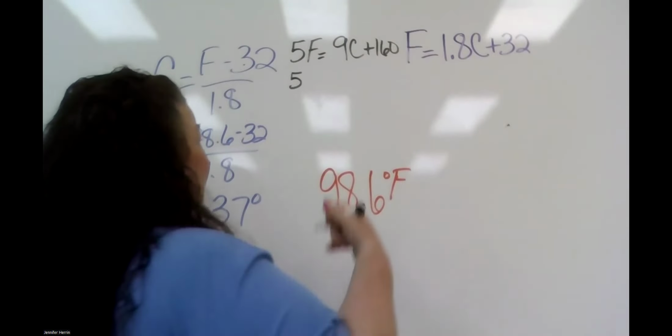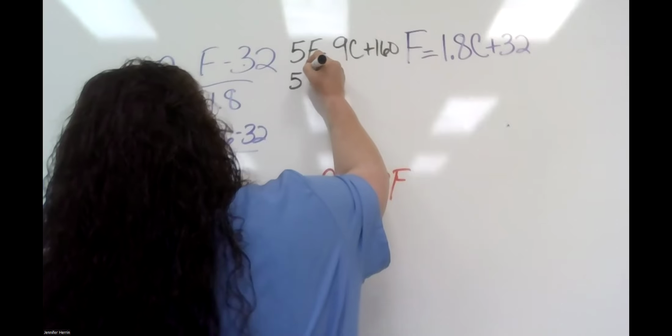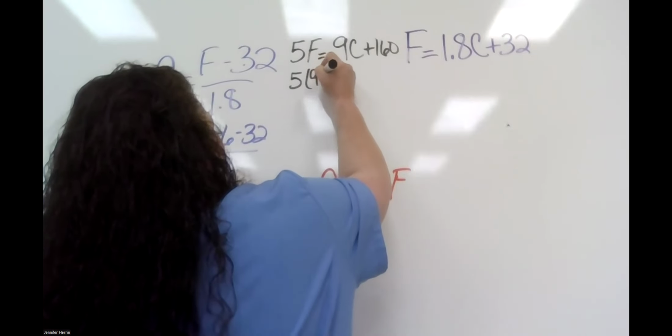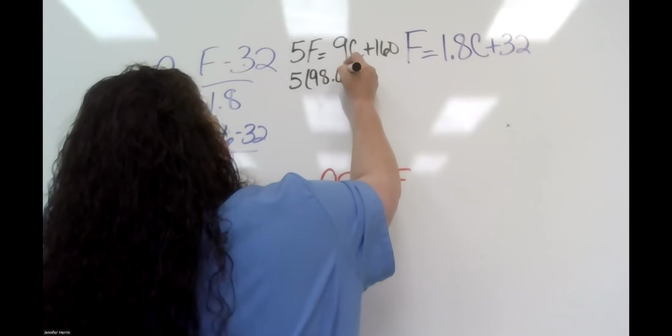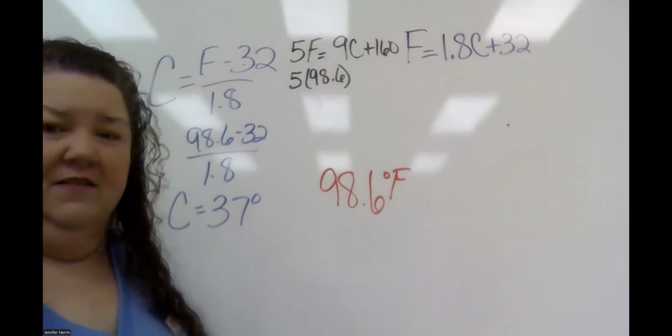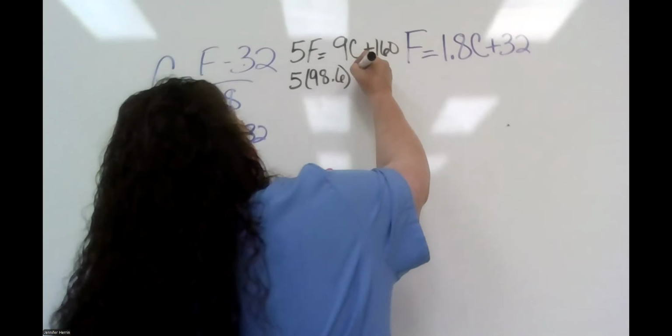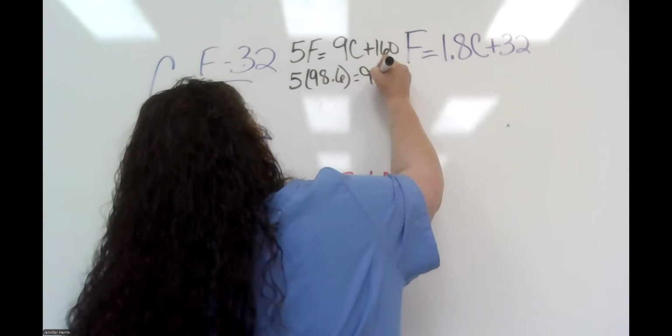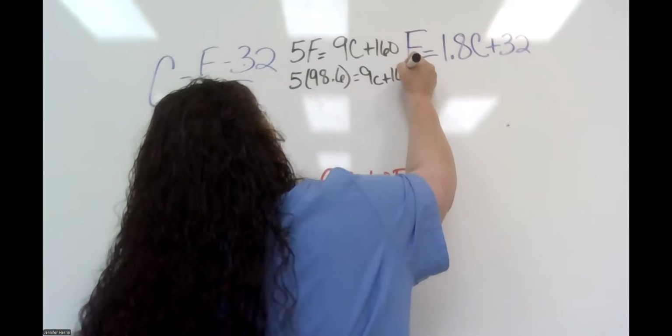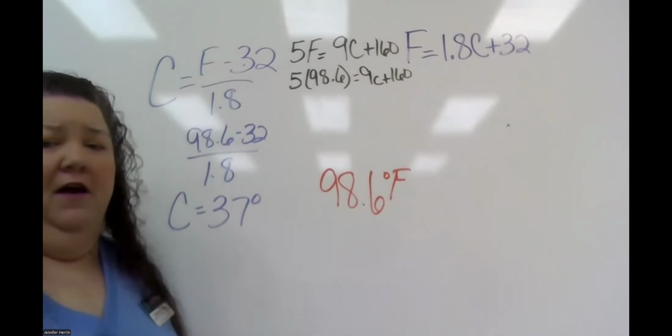So we're going to make that 5 times my temperature in Fahrenheit, 98.6. And I'm sorry if the writing's a little bit small for the video. And I'm going to set that equal to 9C plus 160, because I don't have the temperature in Celsius.